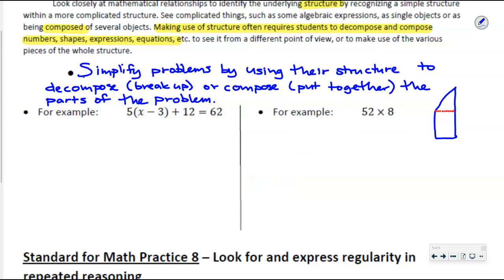But if we look at the structure of it, I would like to point out we really can just decompose this problem into this big, ugly thing plus 12. Now, doesn't that become maybe a problem that a 4th grader could do? Something plus 12 is 62. What is that something? What does that have to be in that red box?